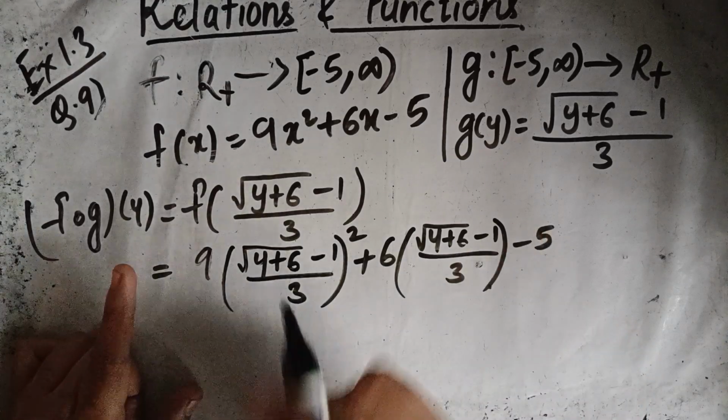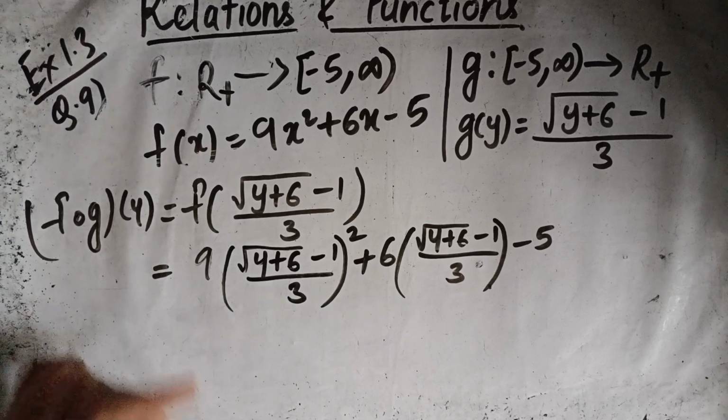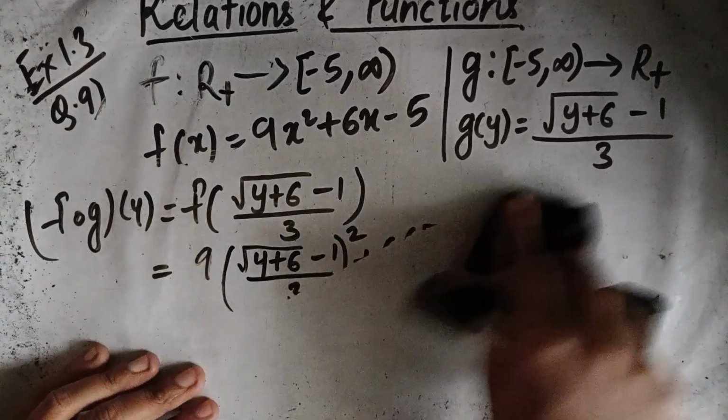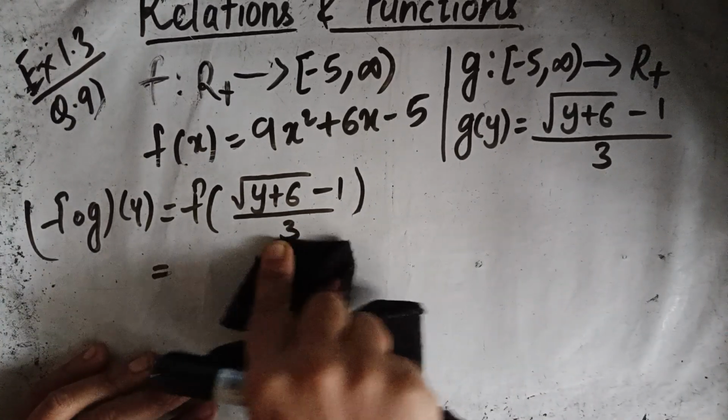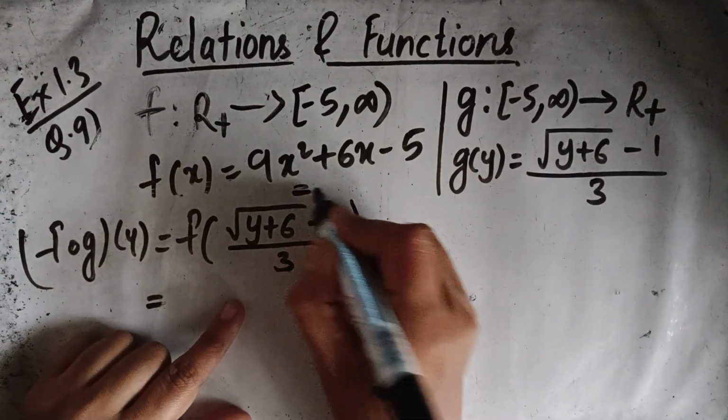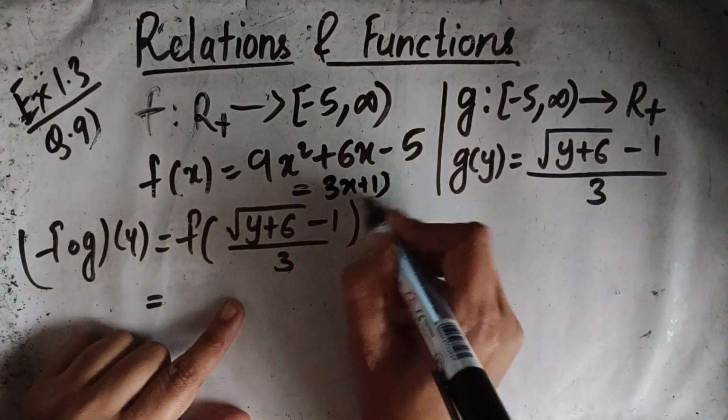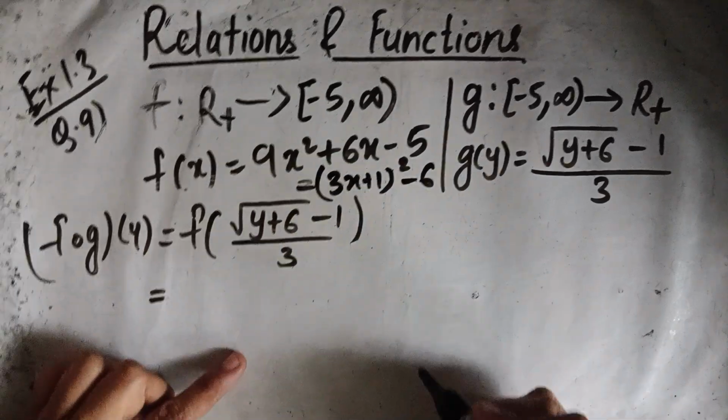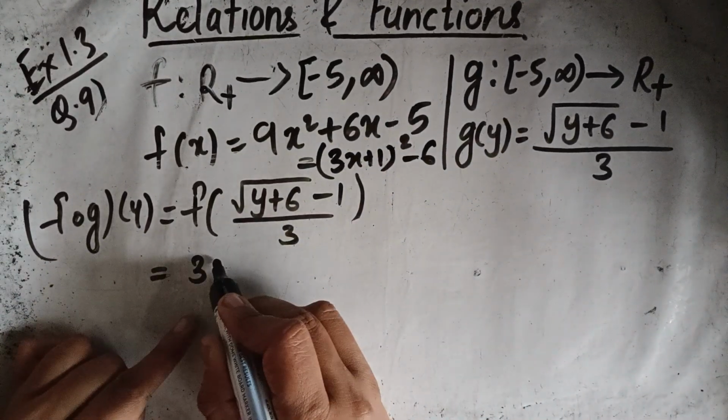Or you can use what we had reduced, which was 3x plus 1 the whole square minus 6. So now I'll put it here.